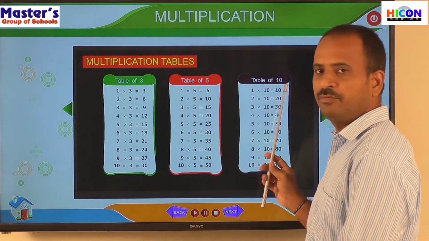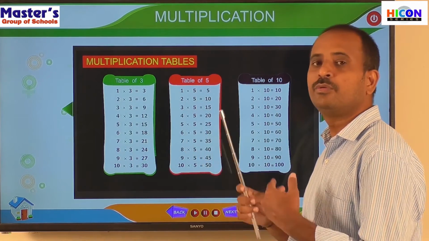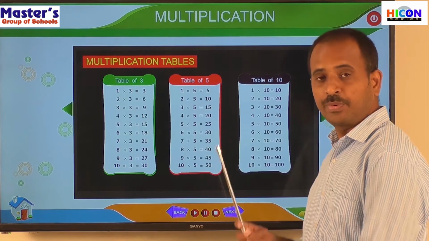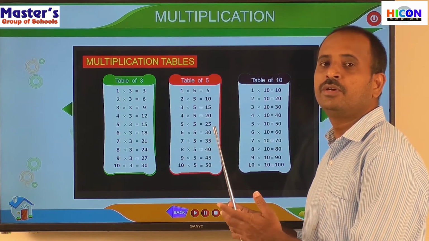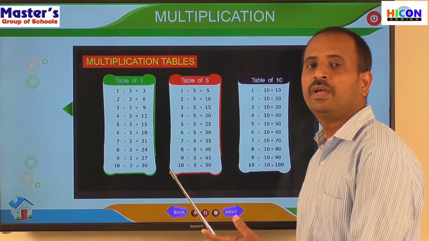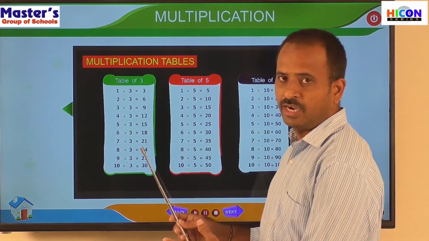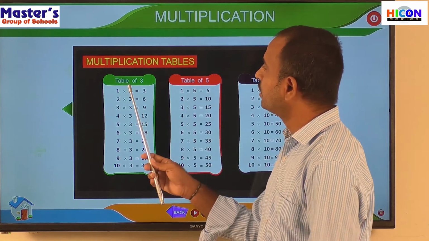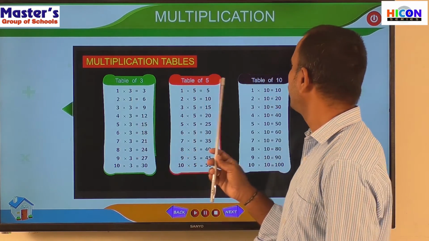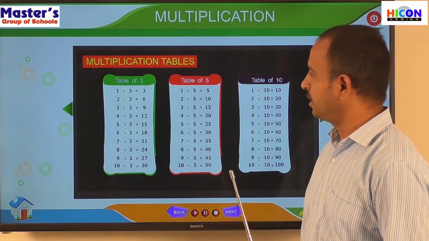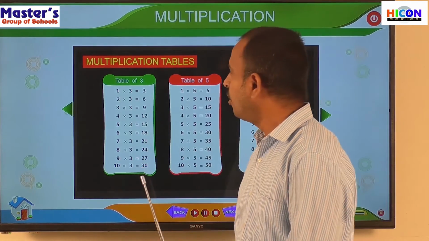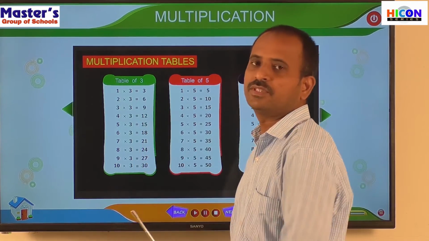And table of 10 means multiplication by 10. In the previous one, we learned multiplication by 2, and that is called the table of 2. Now we will learn about the table of 3, table of 5 and table of 10. So children, look at the picture to see how we have to read the tables first.